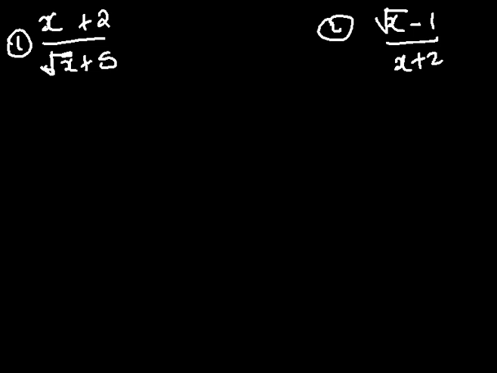So what is the process of removing the surd on the denominator called? The process of removing a surd, we call rationalization.